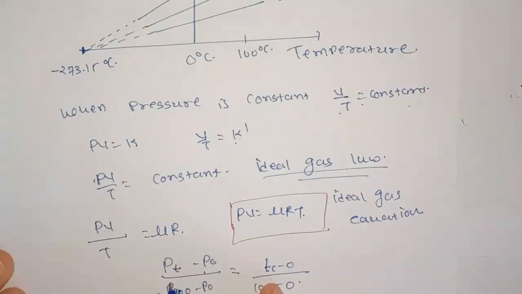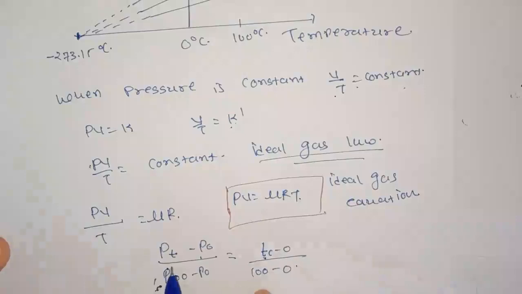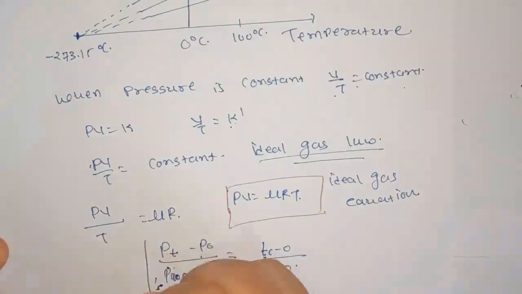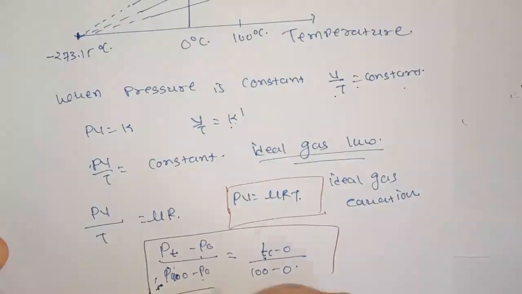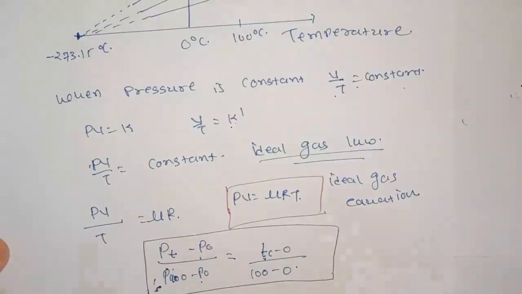If Pt is the pressure in a bath whose temperature is Tc, then we can write (Pt minus P0) upon (P100 minus P0) is equals to (Tc minus 0) upon (100 minus 0). From this equation, we can find the temperature using the gas thermometers.